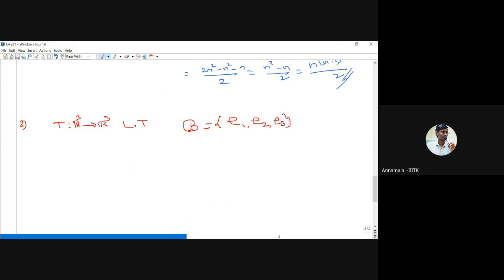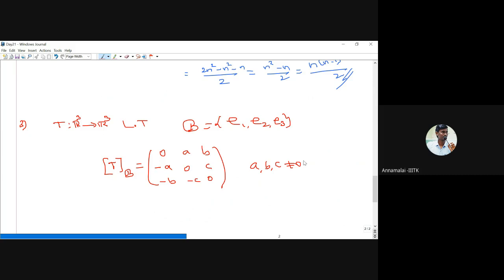Now with respect to this basis, we know that every linear transformation can be represented as a matrix. So the matrix given is 0, a, b, then minus a, minus b, 0, c, minus c, 0, where a, b, c are real numbers, not all 0. So a, b, c are all non-zero real numbers.